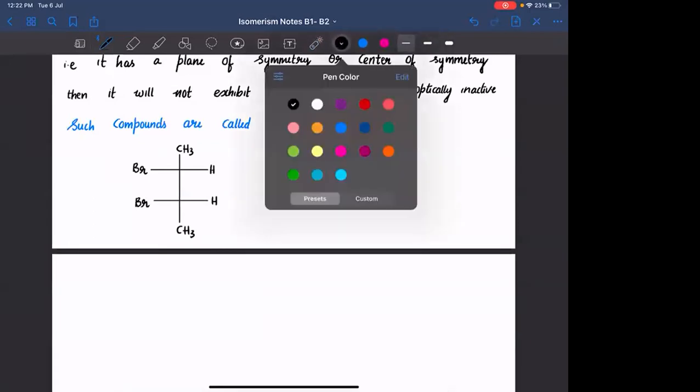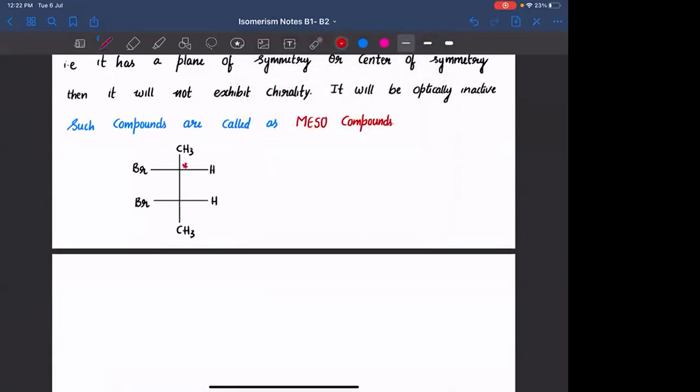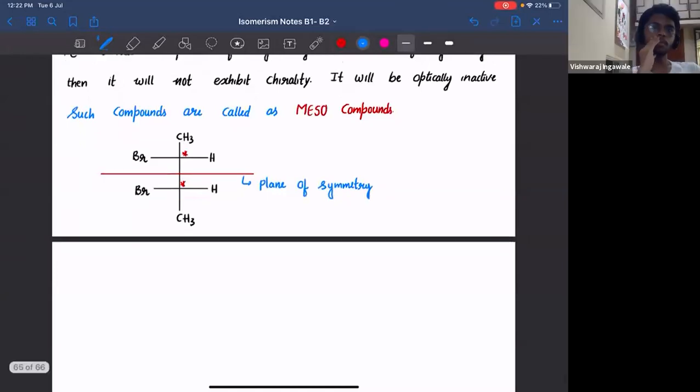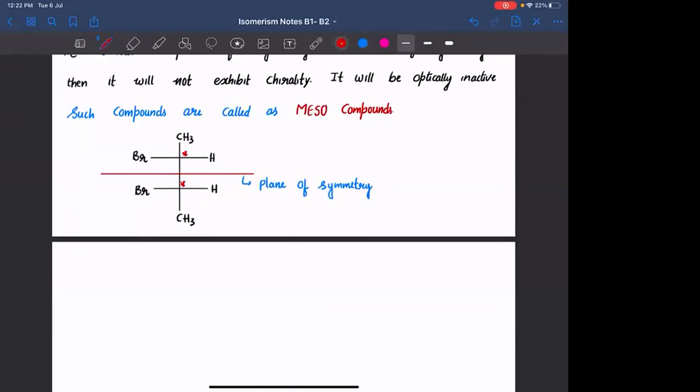You have 2 chiral carbons. This carbon is chiral. This carbon is also chiral. But you also have a plane of symmetry. And that particular compound is meso. Tell me the configuration as well.